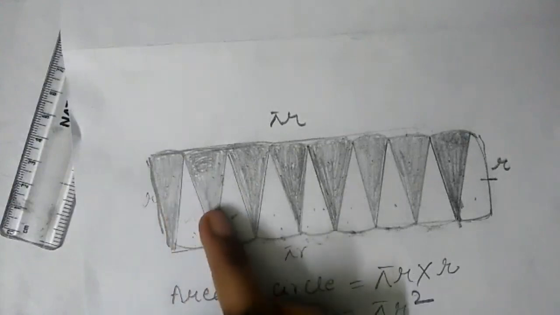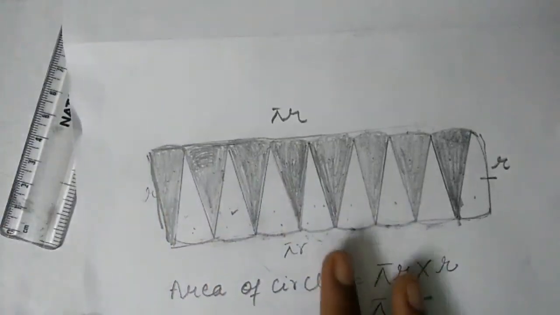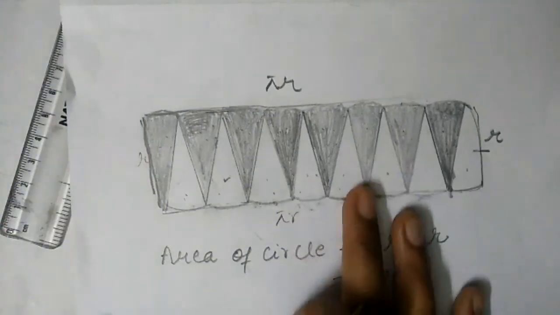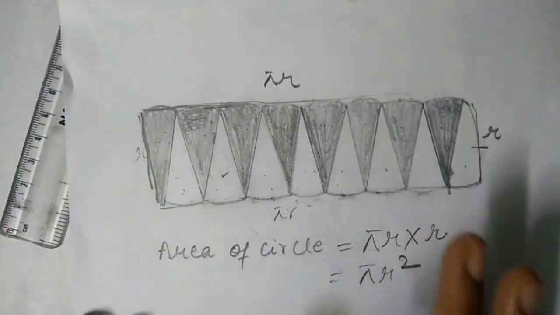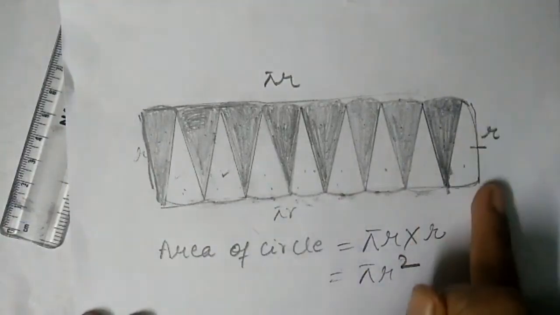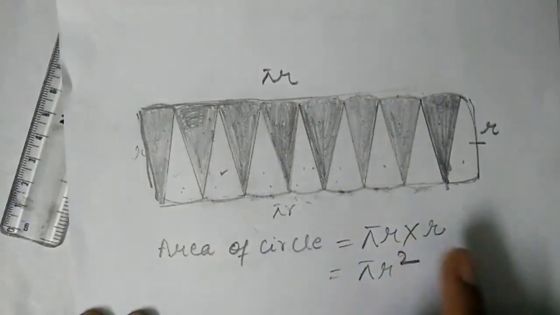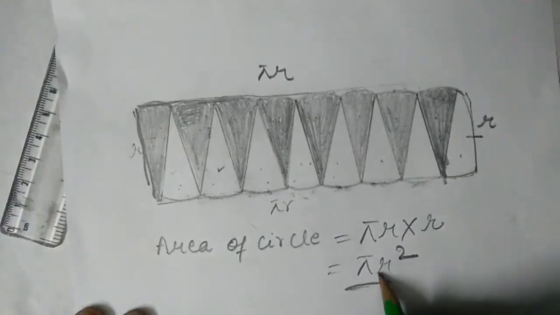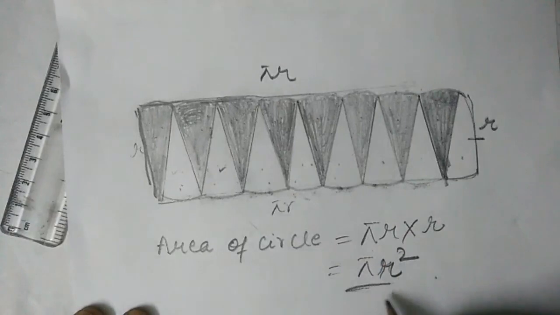So it will nearly be a rectangle, and then we can apply the formula of a rectangle for calculating area, that is length into breadth. So the area of a circle is pi r square. Here r is the radius and pi we have learned is 22 by 7.